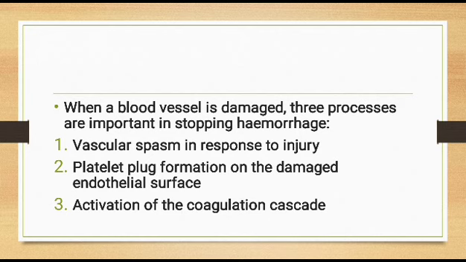These three processes require that the blood vessel wall and constituents must be normal, platelet number and function must be normal, and the coagulation factors are all within normal range. Any affection of one of these three may lead to continuous bleeding and problems in clotting.